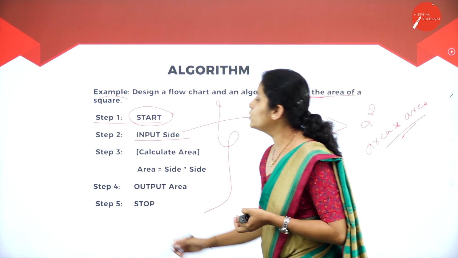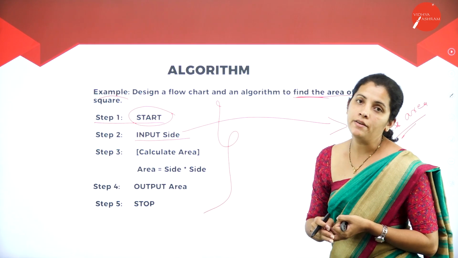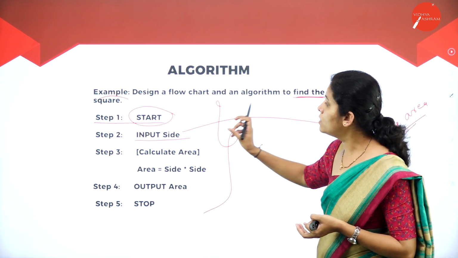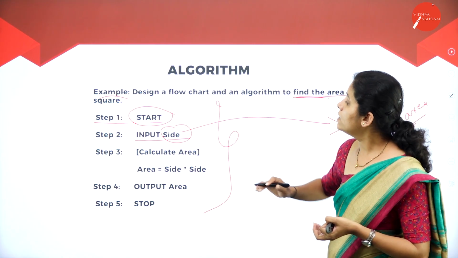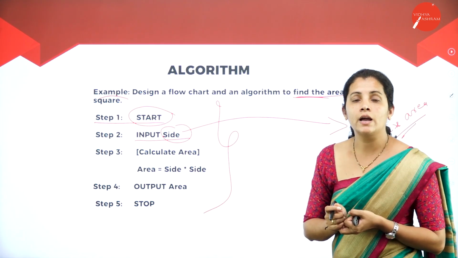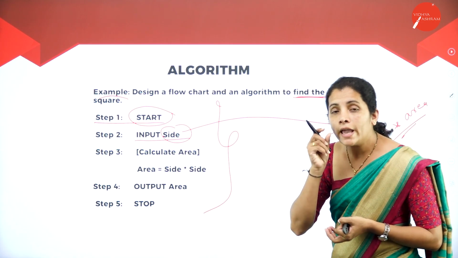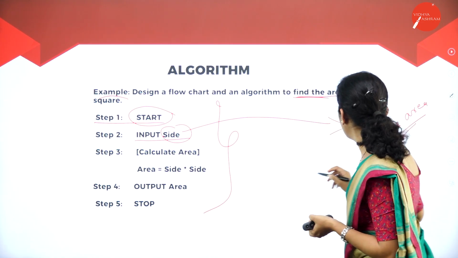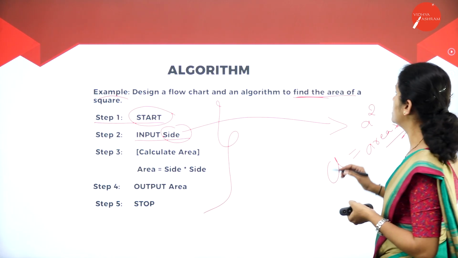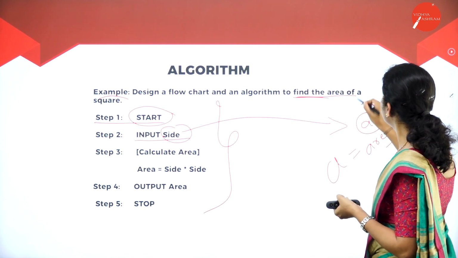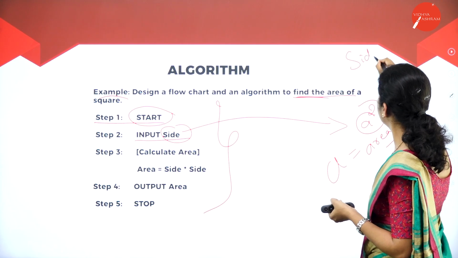So what do I want to read? I want to read the side. So what is the input here? It is side. Then what do I want to find? Here I want to find area. So how can I find it? A square is nothing but side square.